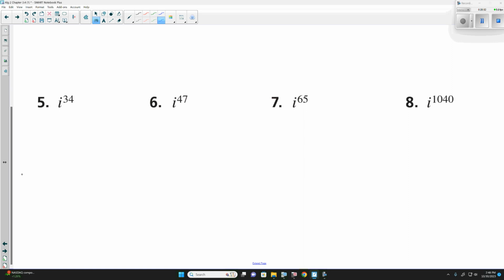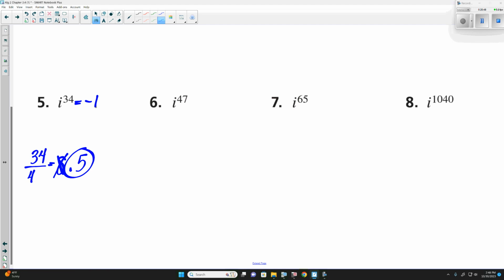Let's look at the next one. I to the 34th. Well, we can do 34 divided by 4, so we're not focused on the 8, just the 0.5, which is -1.